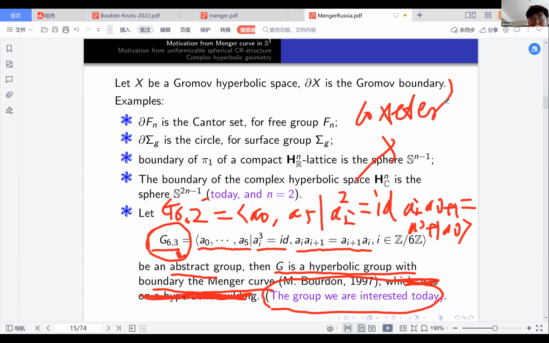Okay. And Granier in 2015 constructed a discrete, convex cocompact and faithful representation rho of the group here to the Lie group here, and the Lie group PU(2,1) is just the holomorphic isometry group of the 2-dimensional complex hyperbolic space. So then the limit set of the representation is just homeomorphic to the boundary of the group here, and this is just the Menger curve, right?